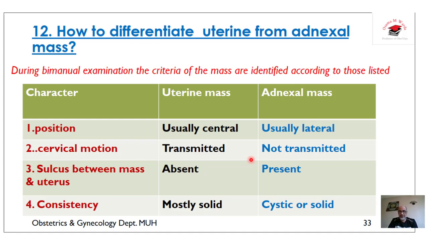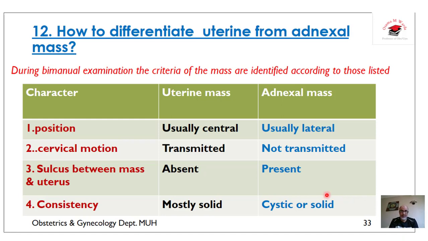Not transmitted, it is usually adnexal. If there is a sulcus between the mass and uterus, the mass is adnexal. If the consistency is mostly solid, the mass is uterine. If it is cystic or of mixed consistency, it may be adnexal.